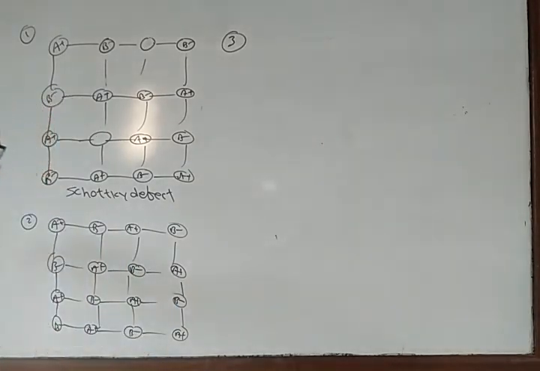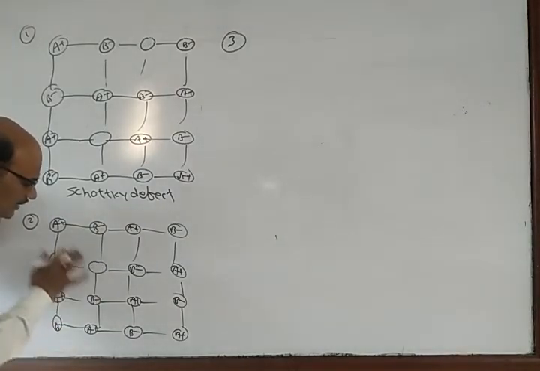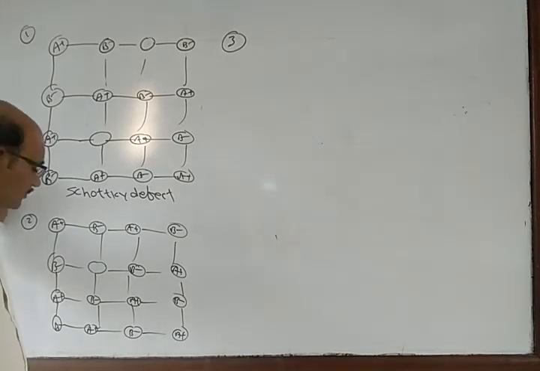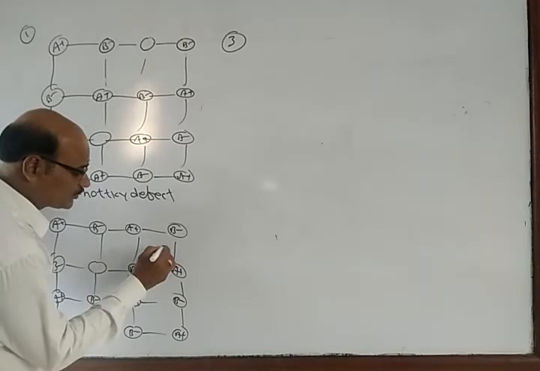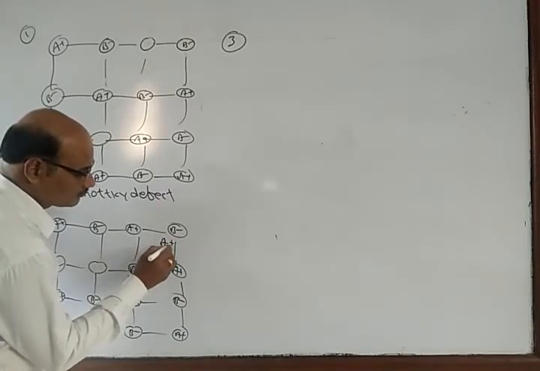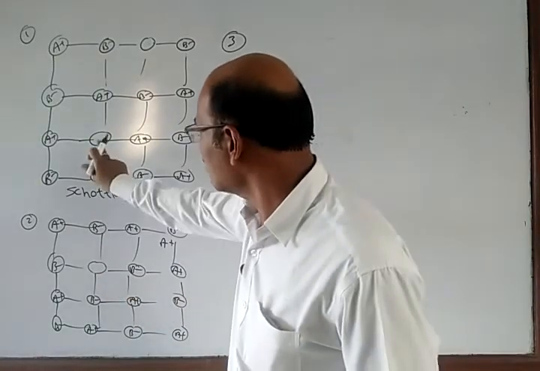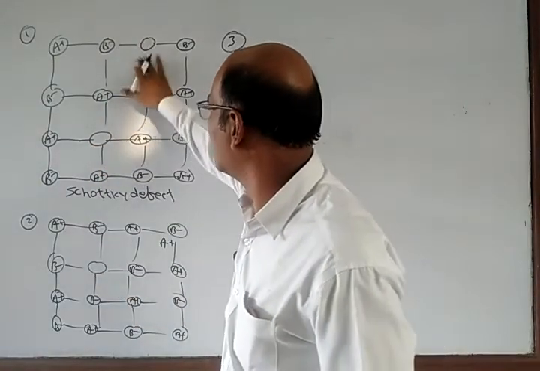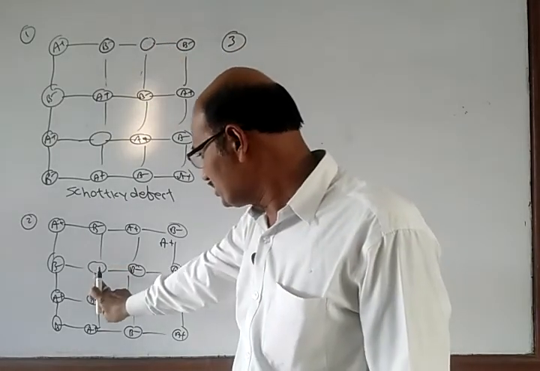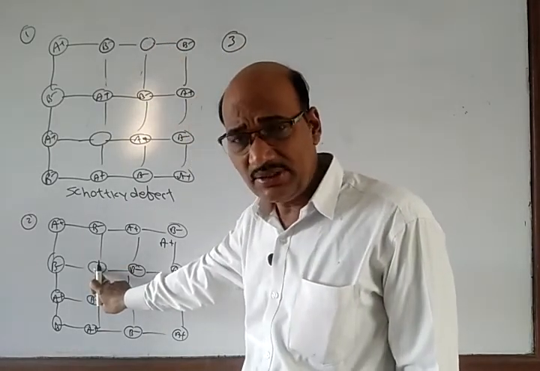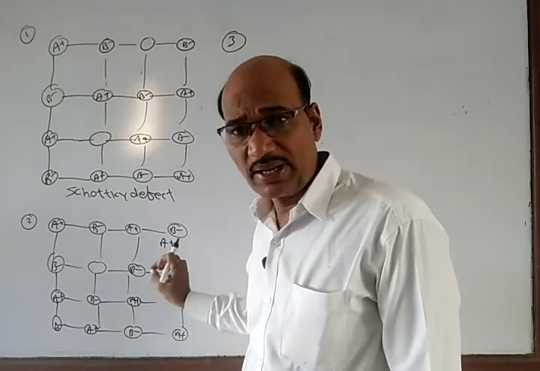Suppose one A plus is missing here, but this A plus is occupied at the lattice site. So from the lattice point, A plus and B minus both are not absent. Here you see one of the ions is missing from its point and present at a lattice site. This is called what? Frenkel defect.